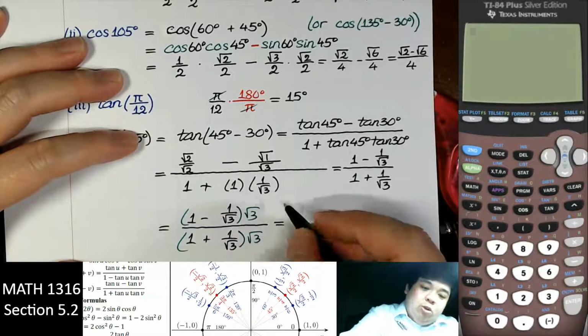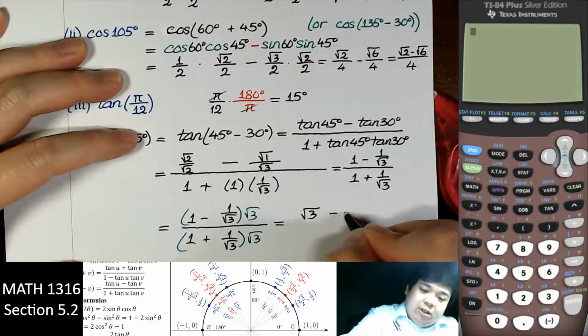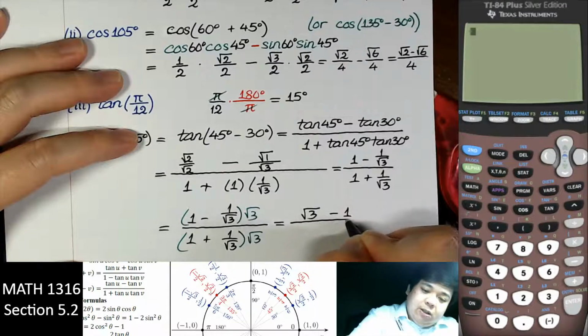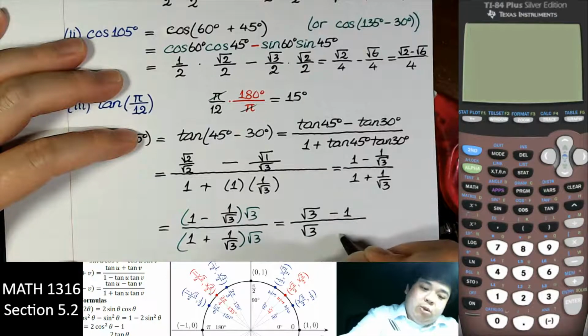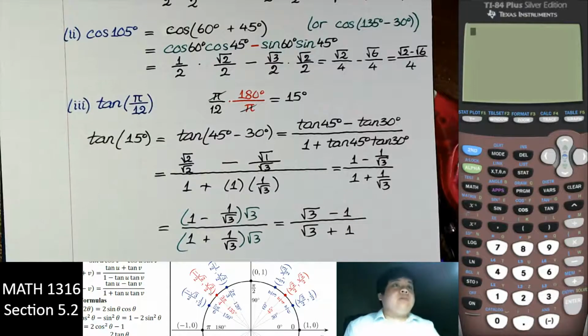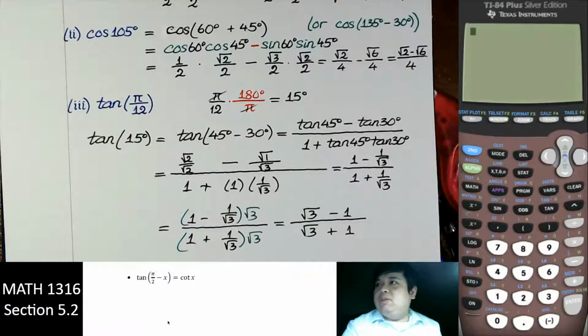Square root 3 times 1, square root 3 and square root 3 cancel out. So that's what we have. Right. So the sum and difference application is very simple.